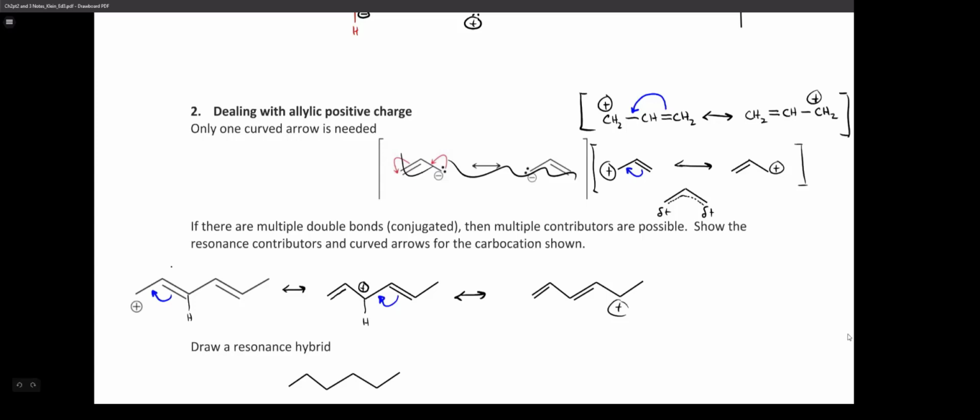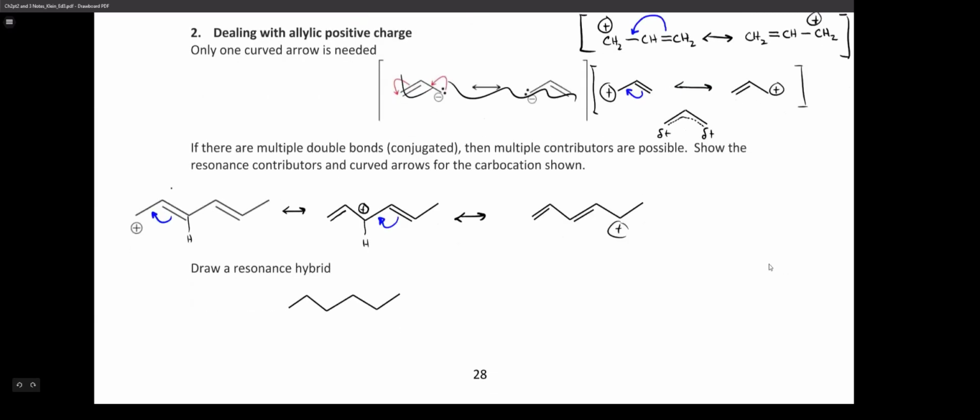And again, to really do this well, you have to see the hydrogens. And that's why sometimes it's easier to start by writing them as condensed structures. Lewis structures usually just take too much time.